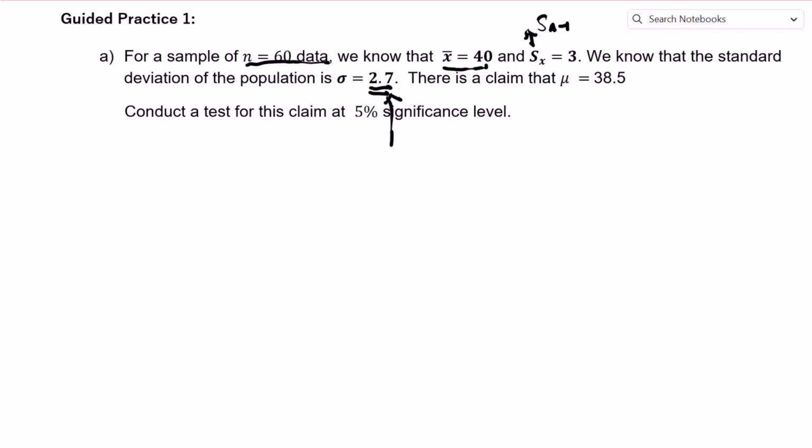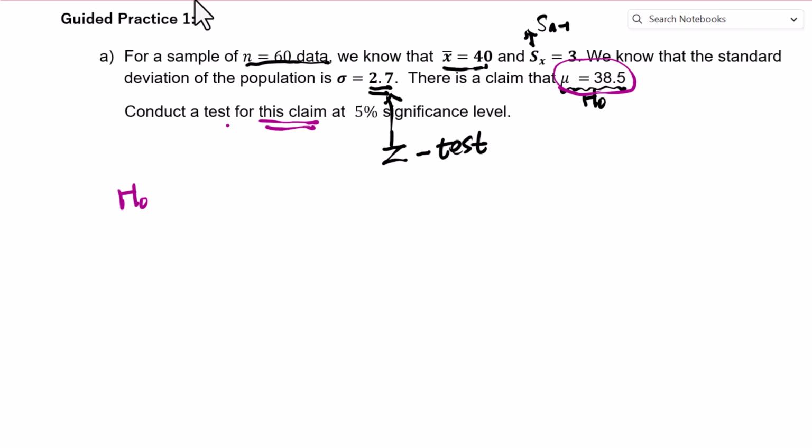We use this to decide we got to use z-test. There is a claim that mu equals 38.5. Equal sign means this is HO. Conduct a test for this claim. Claim is dealing with mean. We got to use z-test at 5% significance level.